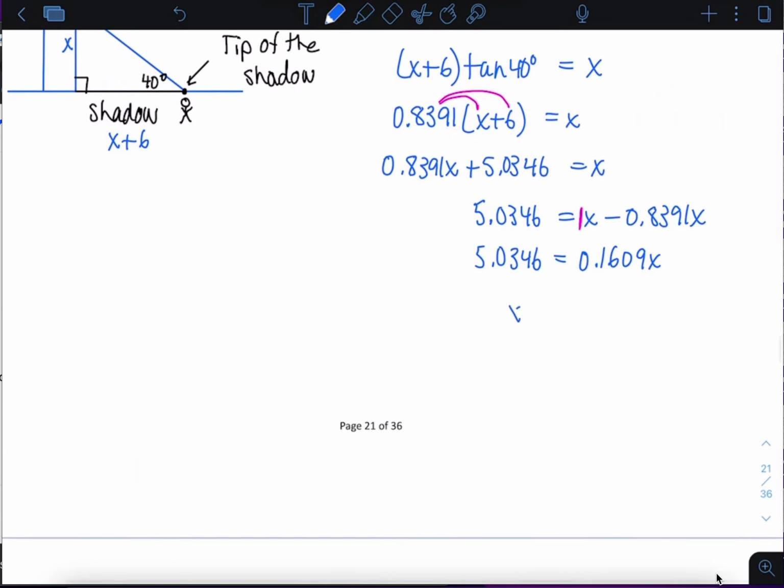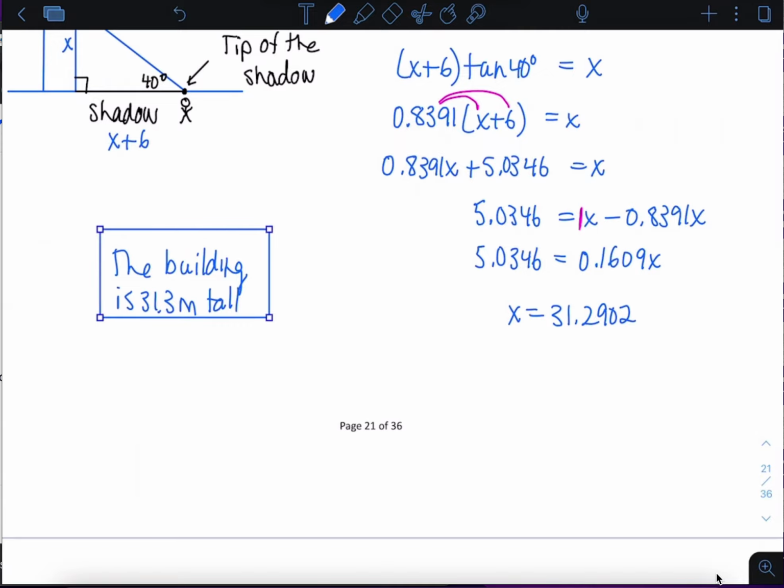I divide both sides by 0.1609 and I get x is 31.2902. And I'm going to round that. The building is 31.3 meters tall.